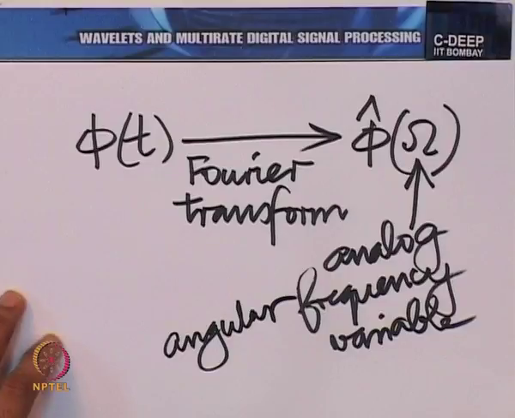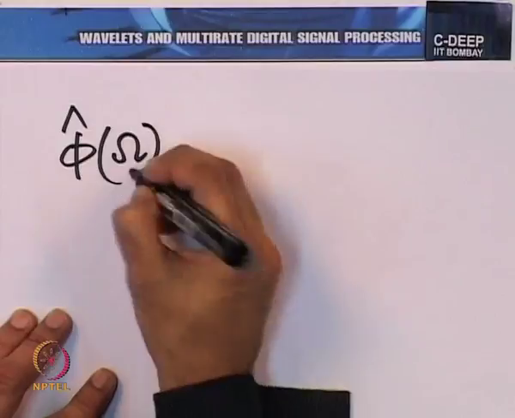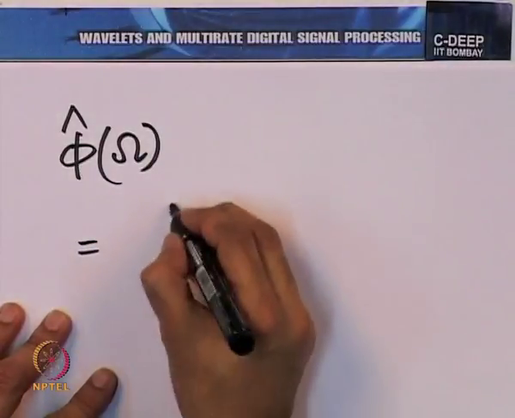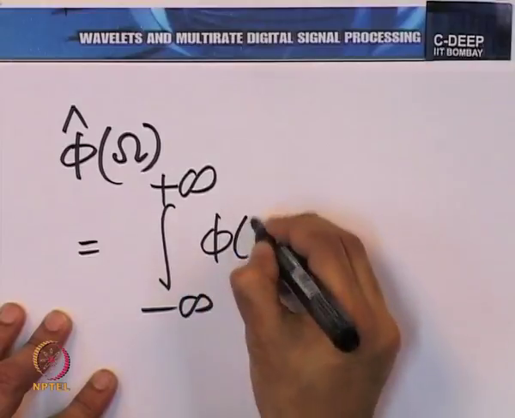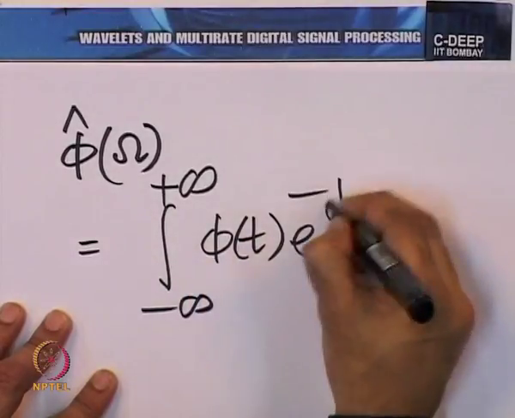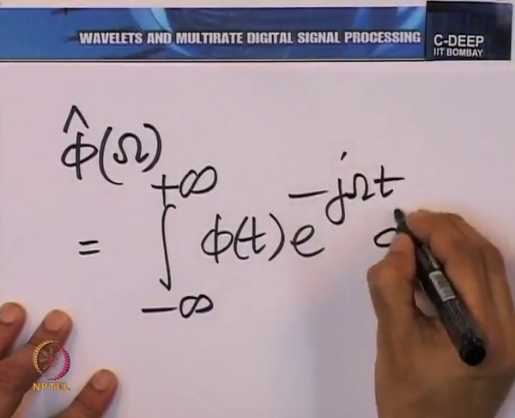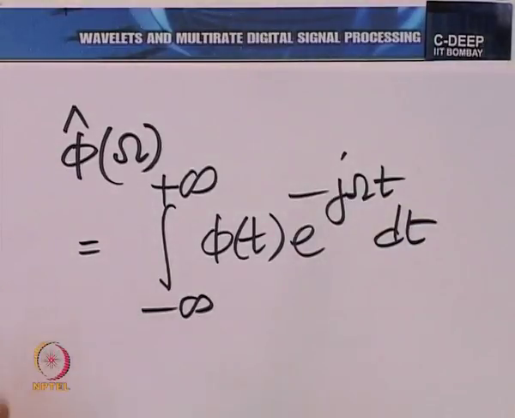And we know the relation between phi t and phi cap omega. So, we have phi cap omega is integral from minus to plus infinity phi t e raised to the power minus j omega t dt, and we operate this on both sides.